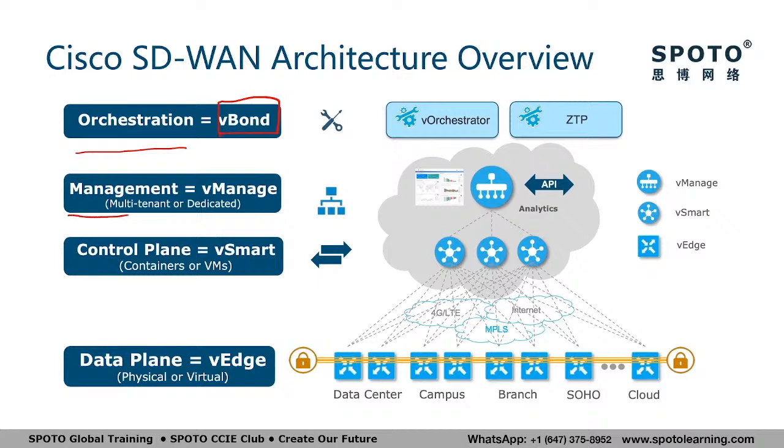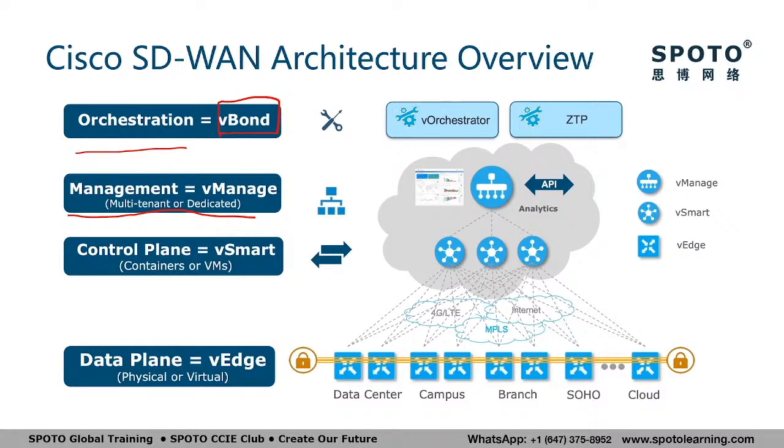The second one is management. The management plane is responsible for central configuration and monitoring. It is vManage. vManage is the component here in this slide. It can be multi-tenant or dedicated.